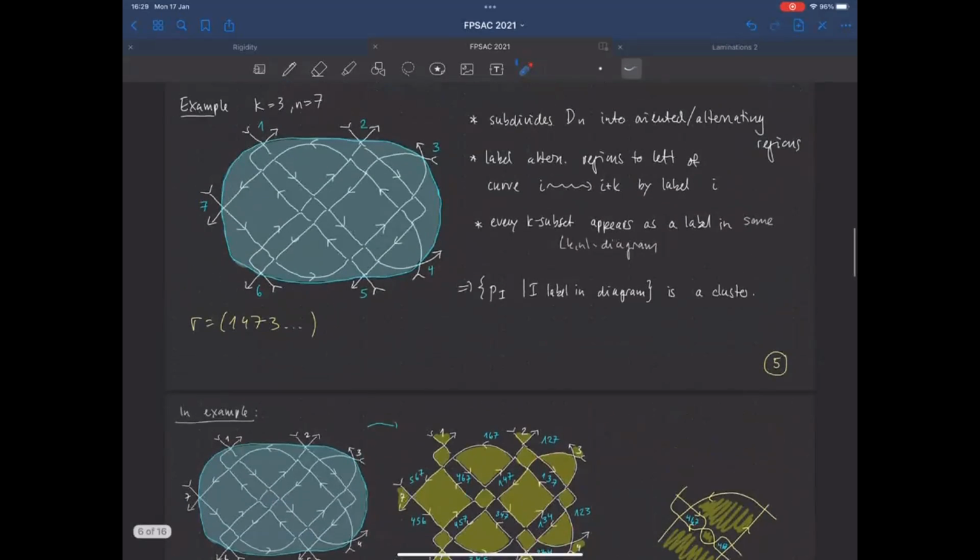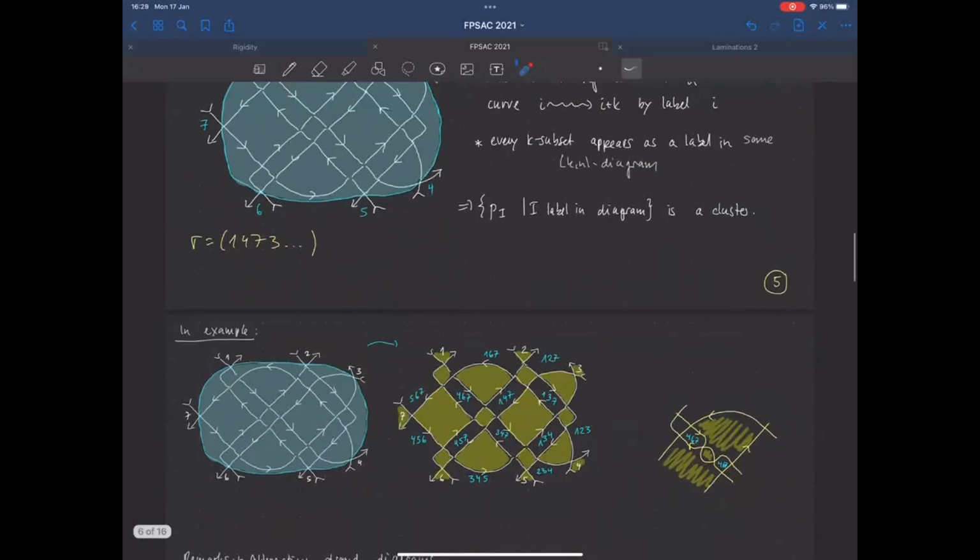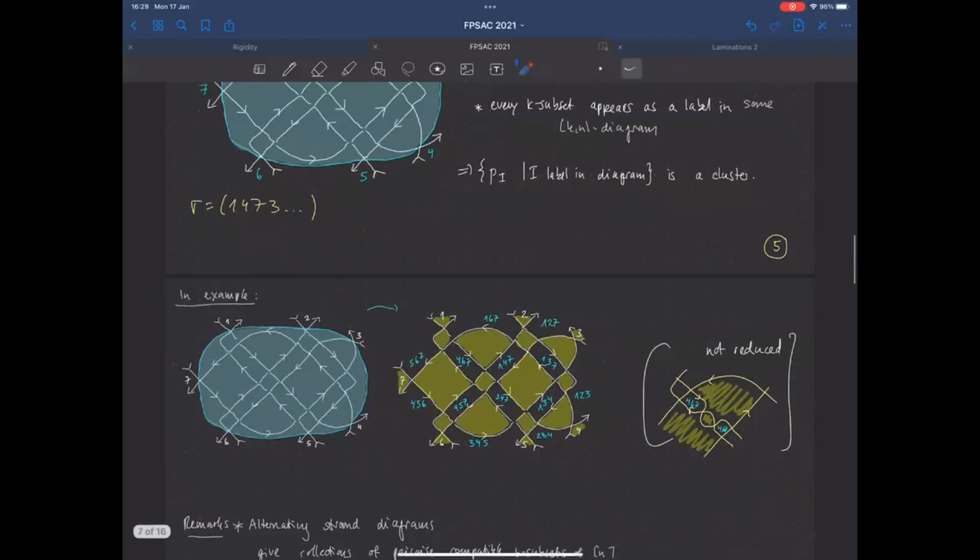So I want to avoid extra crossings, because if I have an extra crossing, I might reproduce a label. So that's just not reduced, so let's forget about those. You see, that was a little excerpt from that part, making it non-reduced. Okay.